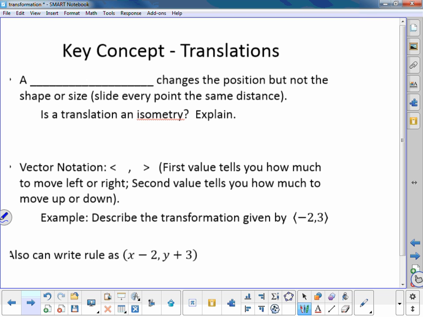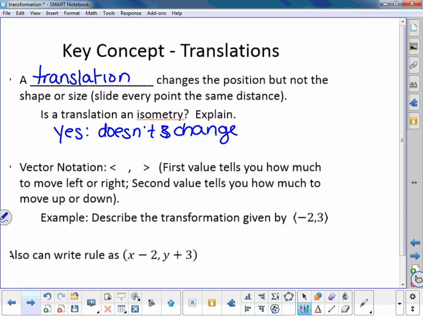Now, we're going to talk about translation. This is the first one of the transformations. A translation changes the position but not the shape or size. It slides every point the same distance. So yes, it has isometry because it doesn't change the size. Okay? Now, we use vector notation.